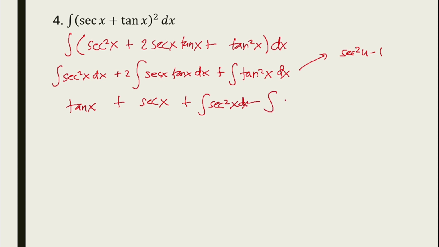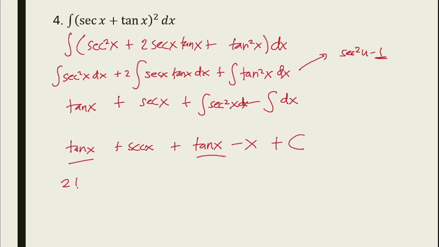So we have here tan x plus secant x plus the integral of secant squared x dx, which is tan x, and minus x plus c. So therefore, we have 2 tangent x plus secant x minus x plus c. This is the final answer for number 4.